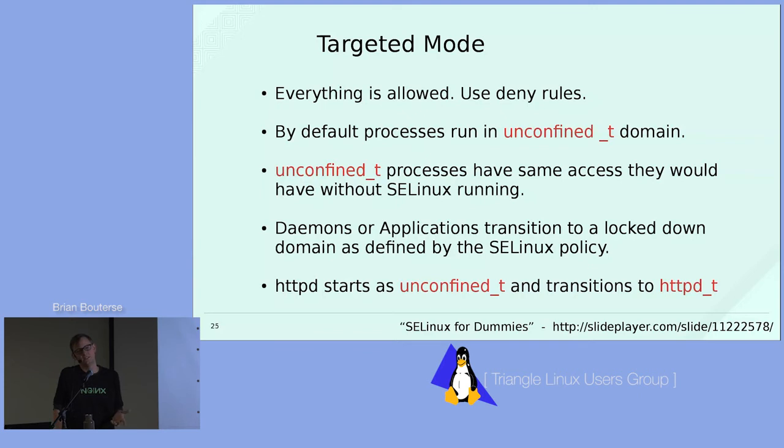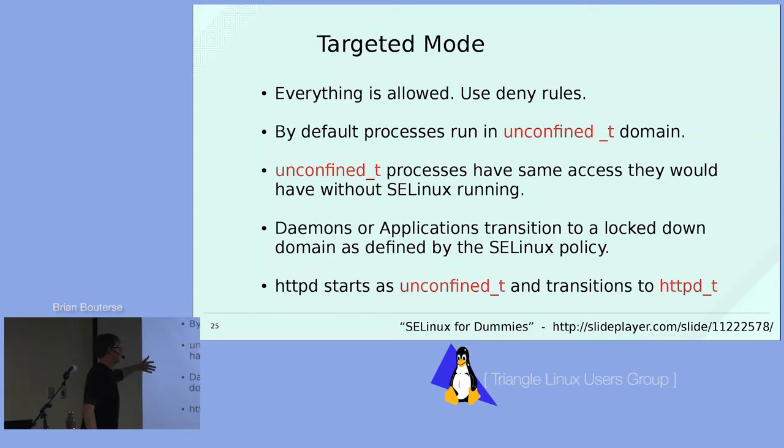So if you turn on SELinux in Fedora, or pretty much any distro, you're going to get targeted mode. And if you look around on the file systems in your home directory, you're going to see it has this unconfined_t label and an unconfined_t domain. And unconfined_t is the same label that you get if SELinux is disabled, for instance, not in the kernel, and you create a file. So this is a little bit about targeted mode.